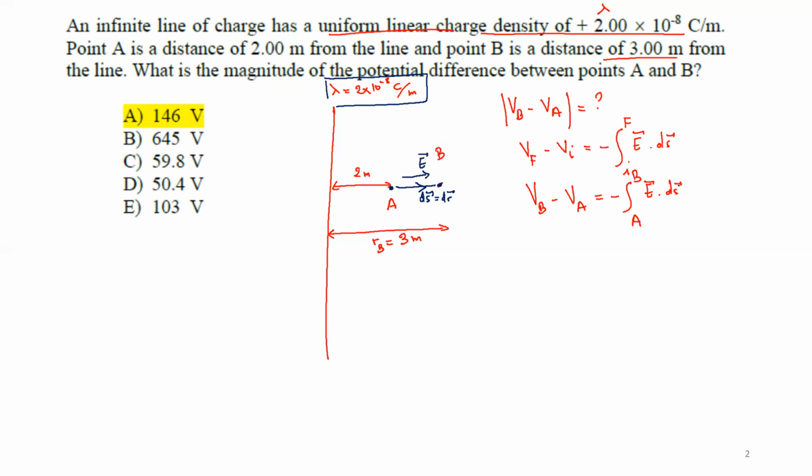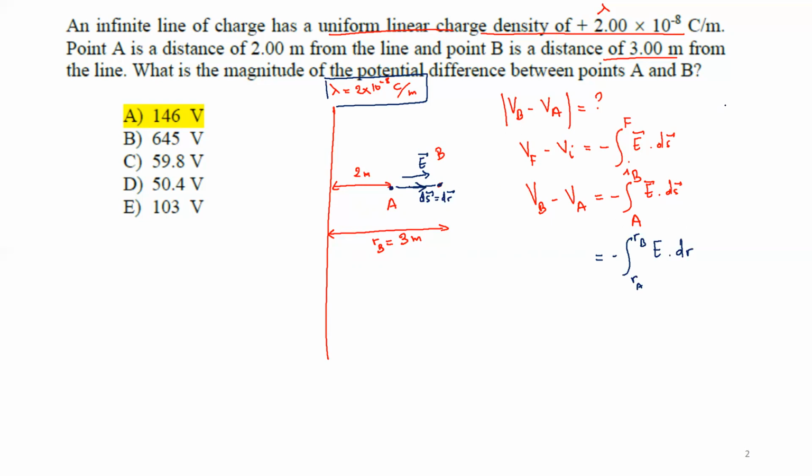So E dot ds is just minus the integral between RA and RB. Now E and ds are in the same direction, so it will be just E multiplied by ds, where ds is equal to dr, because the angle between them is 0 degrees.